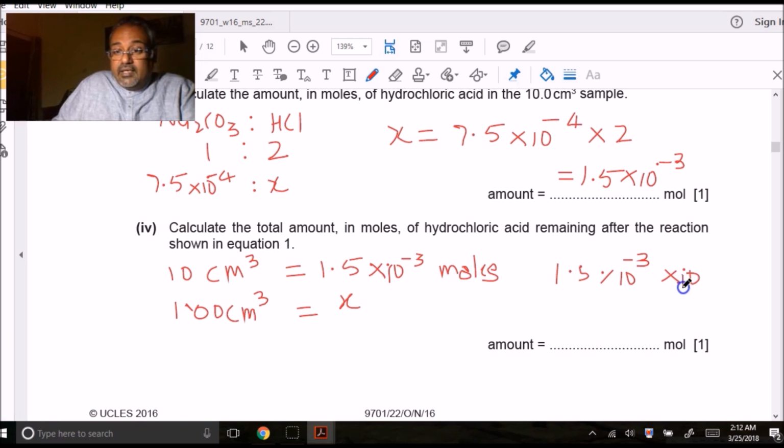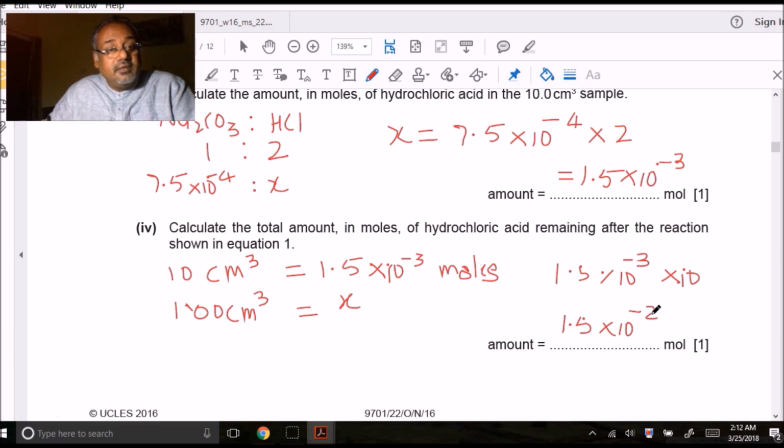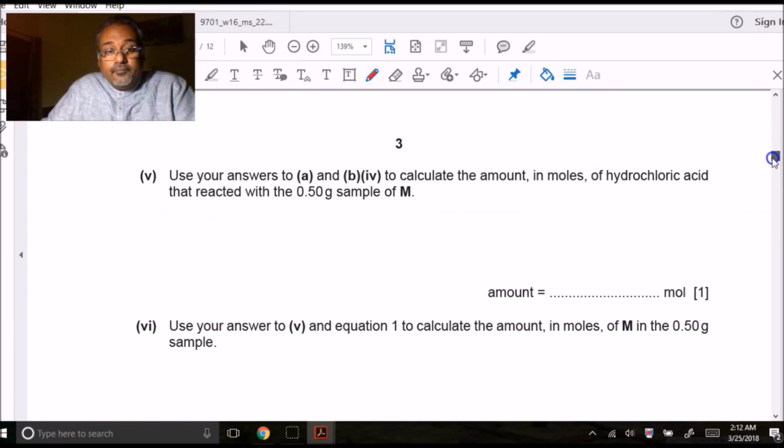That's how you end up getting 1.5 × 10^-2. That's the amount of the acid in the 100 cm3 which was left after the reaction.